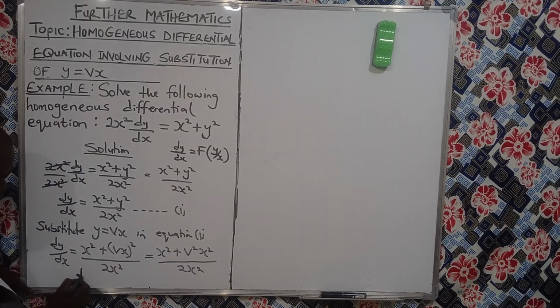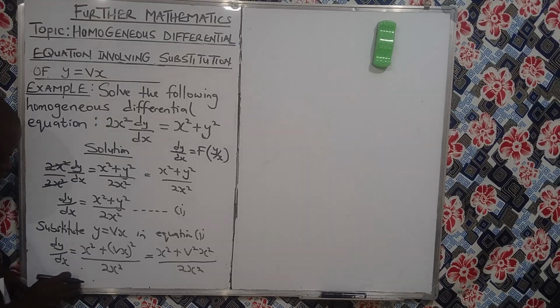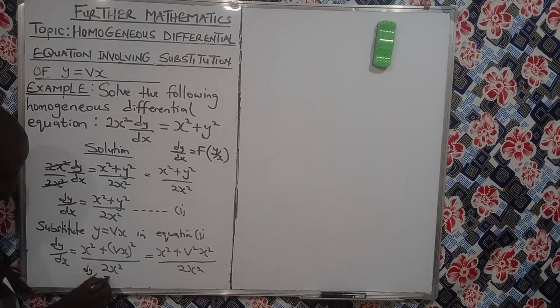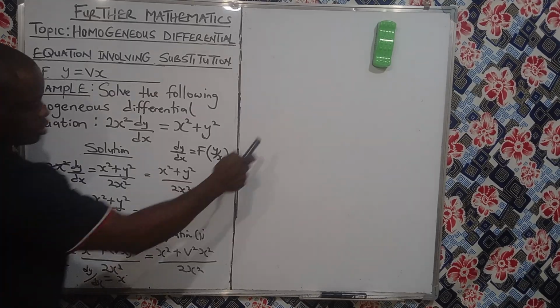You're having dy over dx to be equal to x squared is common. Let's write it on the other side.